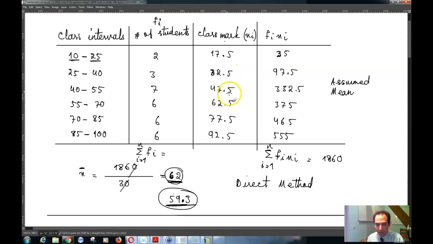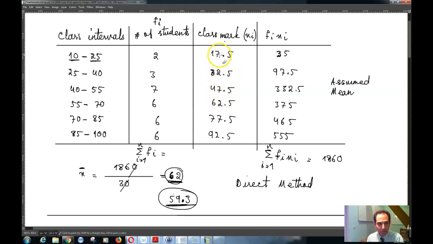For example, I could take any one of these, it doesn't really matter, but it had better be somewhere in the middle of your numbers, meaning that when you subtract the number from itself, you will get a 0 over here.